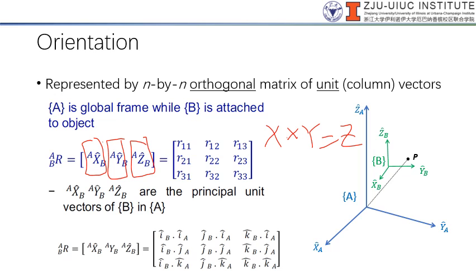Okay, and so perhaps this might be trivial to some of you, but if you look at it, how do we express a vector in a coordinate frame, or rather a coordinate system? It is actually projecting that vector onto the principal unit axes of that particular reference frame that we're talking about. So in this case, we are trying to project, say for example, YB onto these 3 principal unit vectors of frame A. So it is actually a dot product operation.